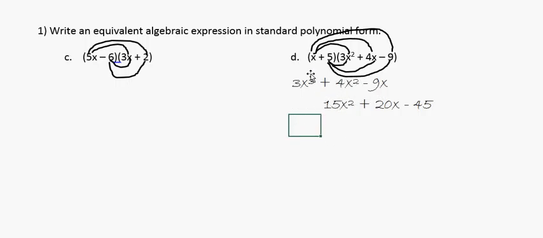Now I add them. I only have one 3x cubed. I only have one x cubed term. Nothing else has x to the third power. I don't see any more exponents that are 3. So I will have 3x cubed.